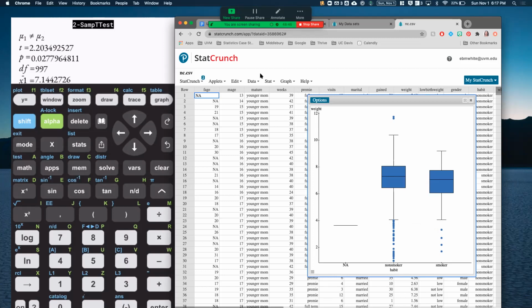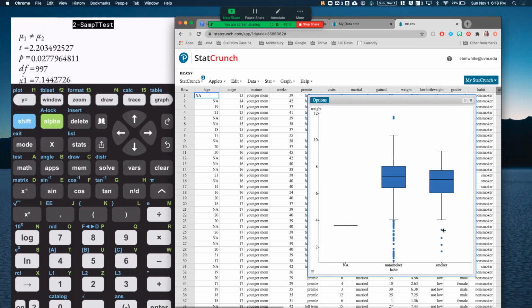What I want to hesitate to say is that it doesn't necessarily mean that the smoking is what caused it. This is because this is an observational study, right? We didn't assign the people into the two groups, a smoking treatment or a not smoking treatment. That would be highly unethical. We just observed their habits and then looked at what's going on. And so, yes, definitely on average, the birth weight is smaller among the smoking group than the non-smoking group, but there could be some other factors at play, right?